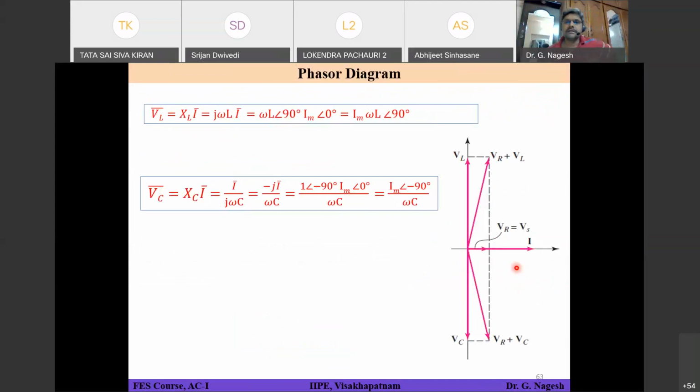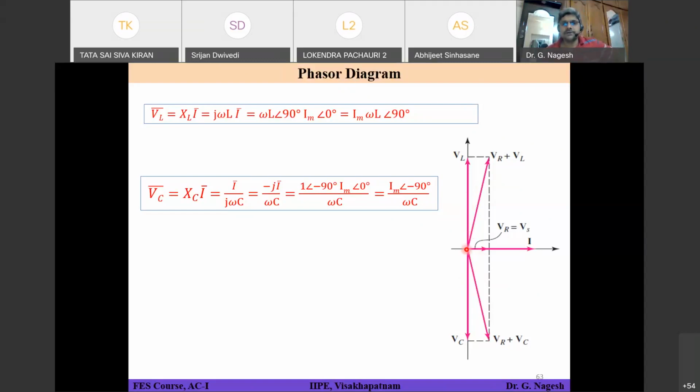So this VL exactly its amplitude is some X value, let's say, it is plus 90 degrees, and VC amplitude will also be the same because it's a series circuit and your inductive reactance and capacitive reactance are same. So these two amplitudes are same, which means these two will cancel out each other.